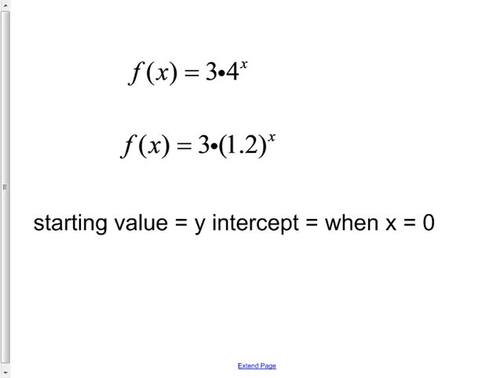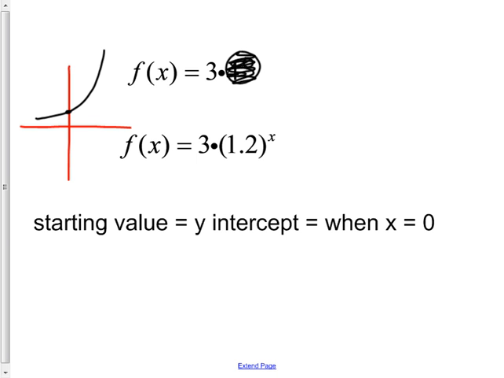The starting value is the same as the y-intercept, because on the graph it looks like this. And the y-intercept is where x is 0, right? So if I put in x is 0, it should tell me the starting value. Anything to the 0 power is 1, and 1 times 3 is 3.